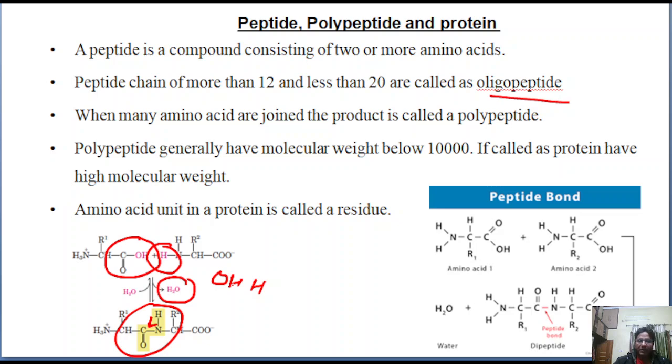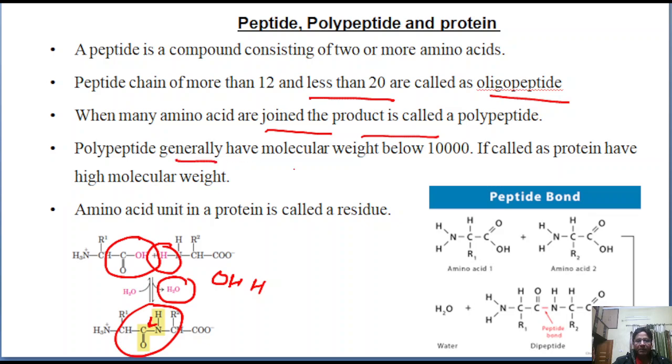If a chain of more than 12 and less than 20 amino acids is formed, we call it an oligopeptide. If more than 20 amino acids are linked in a chain, we call it a polypeptide. Then there are the two terms polypeptide and protein, which are, although interchangeable, can be used.